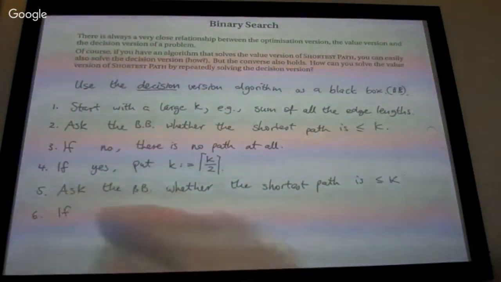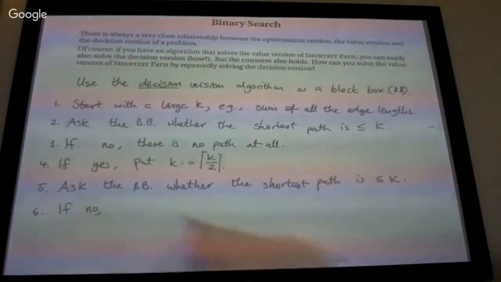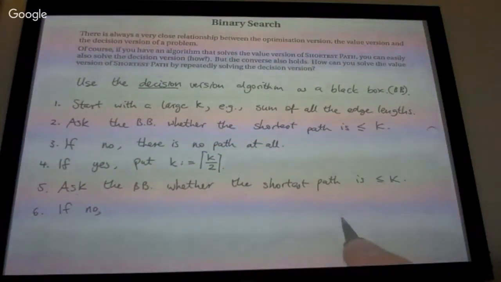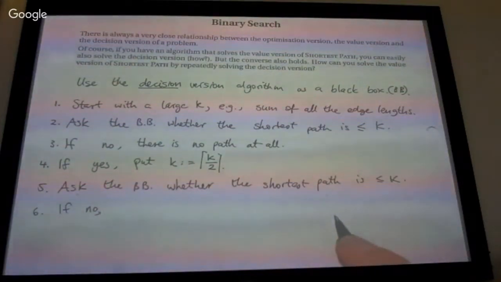If no, I need to go back. There's a bit value between the one that's feasible and the one that isn't.